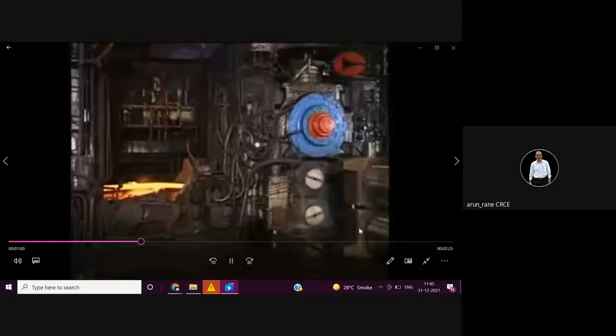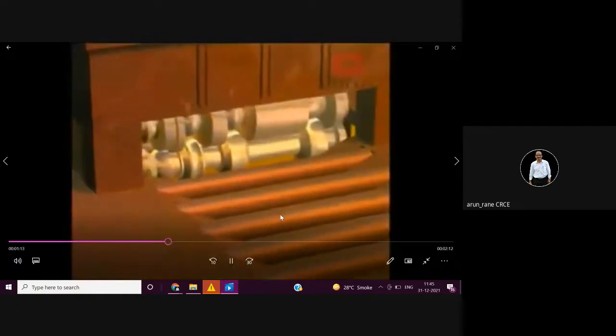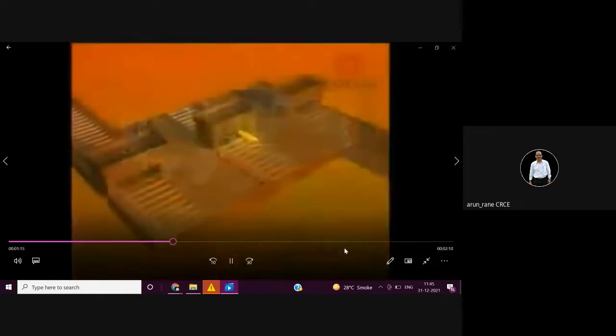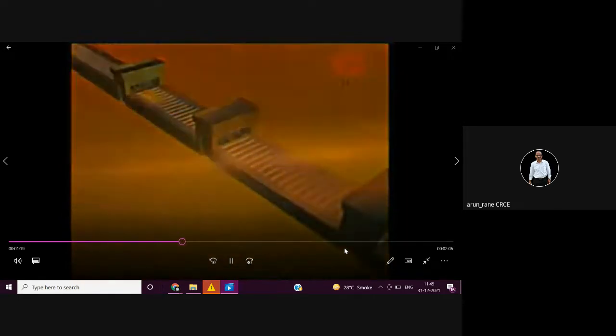Safety is again very important here because by any chance suppose if this hot material, this billet, comes out and it is moving with high speed, it can penetrate the people around, and like this the deaths have occurred.